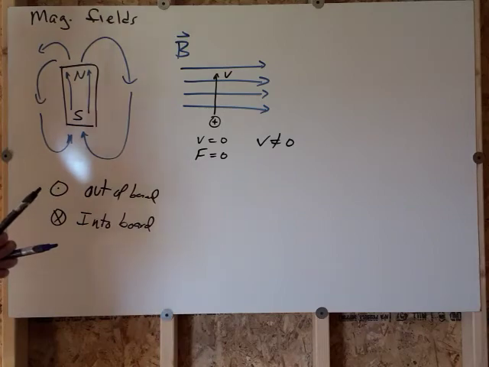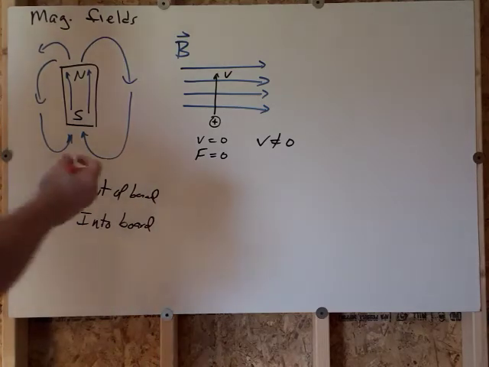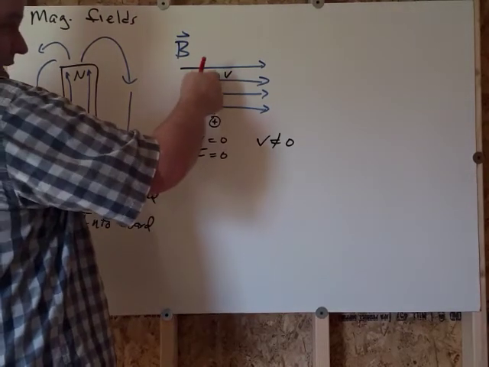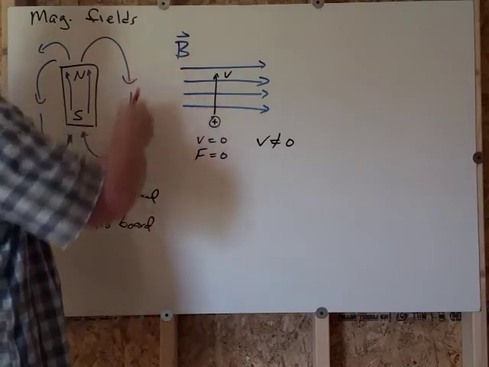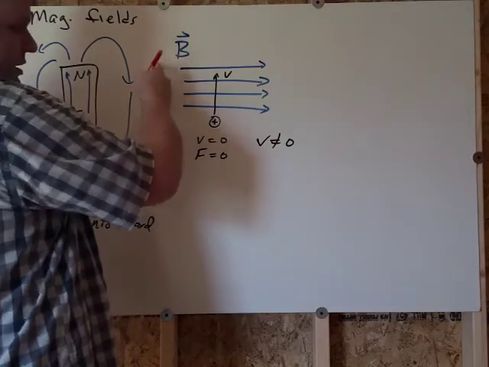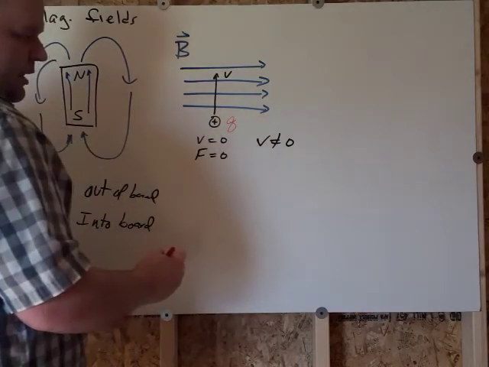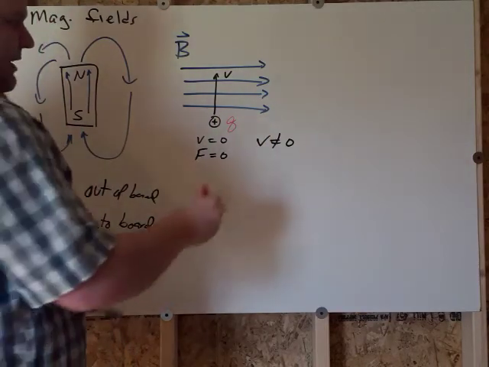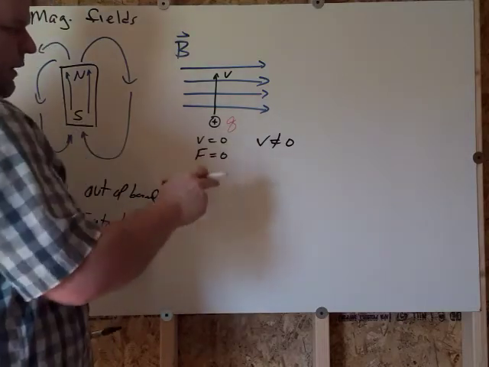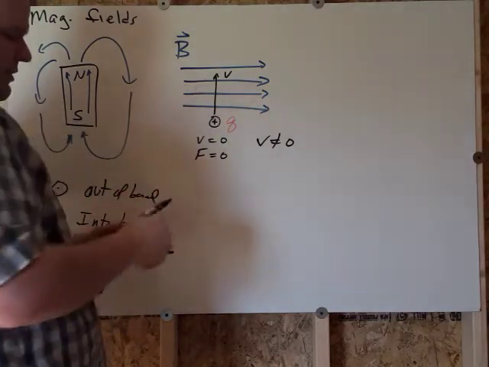So this charge is going to feel some force, and the force depends on this velocity. It depends on this magnetic field, and it depends on this charge, Q. And what we're going to have is the direction is going to be into or out of the board.